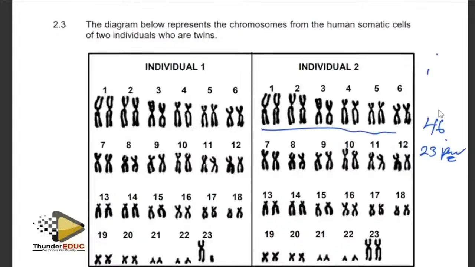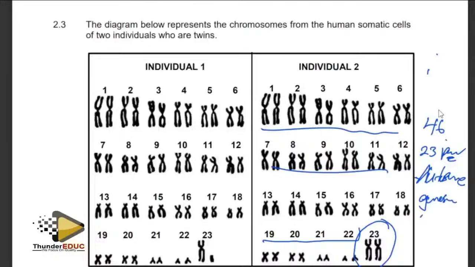From pair number 1 to pair number 22 is called autosome. You see, now you're describing a karyotype. The 23rd pair is gonosome or sex chromosome. The 23rd pair is made up of X and Y. If X and X are together, the individual is a female.